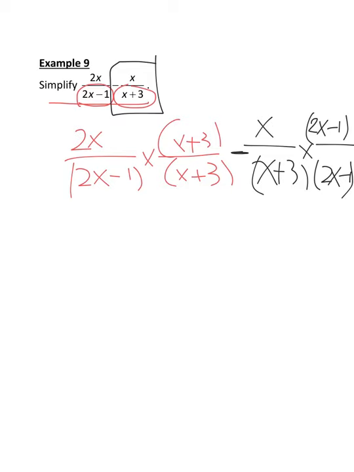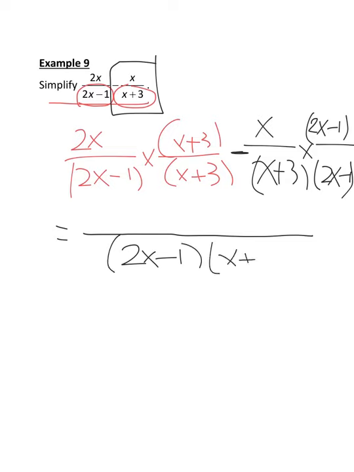You see it? After that, the denominator will be the same. That is 2x minus 1 times x plus 3. But we need to put the numerator at the top. That is 2x times x plus 3 and then minus x times 2x minus 1.